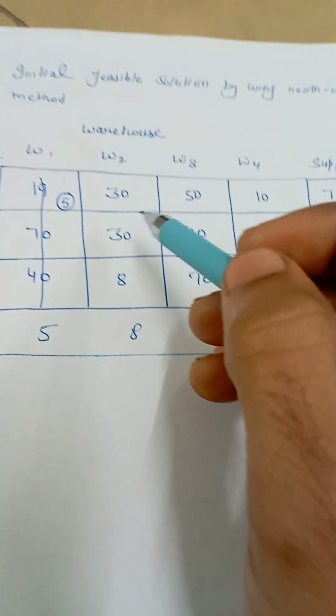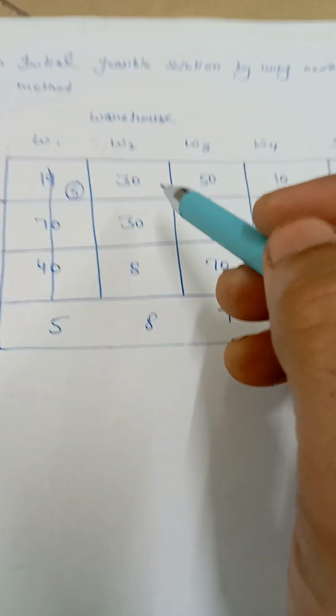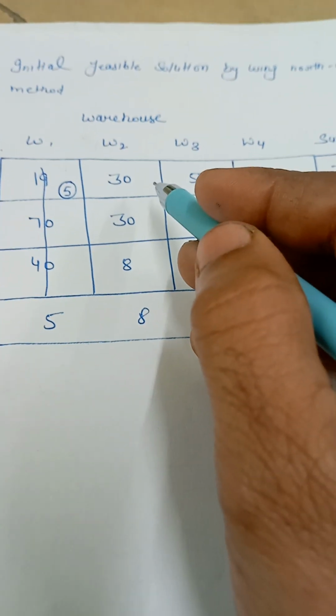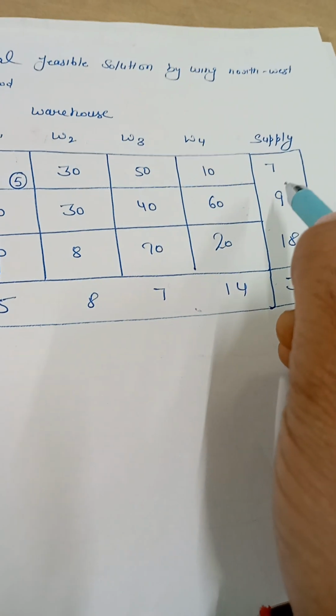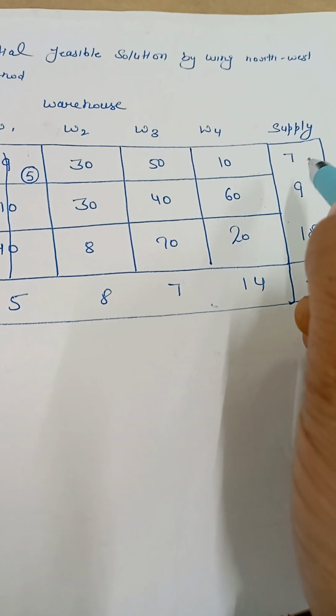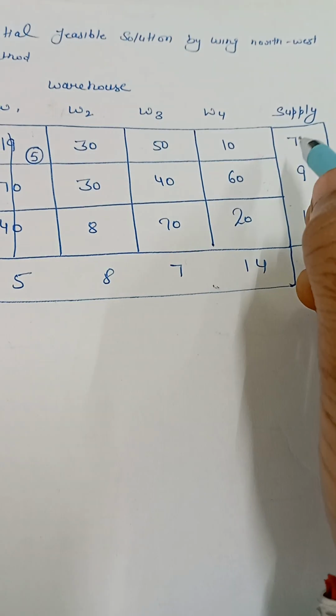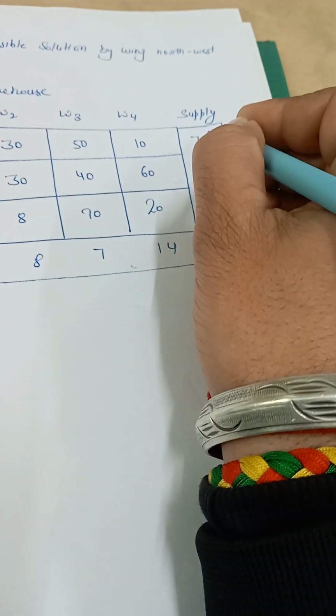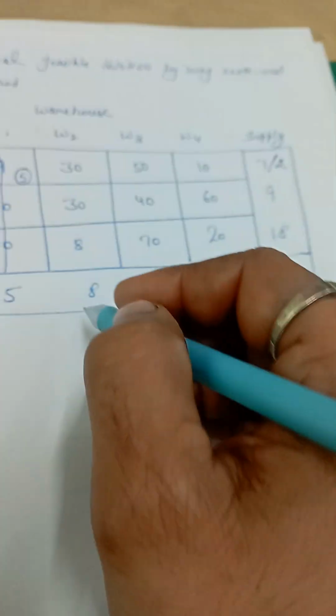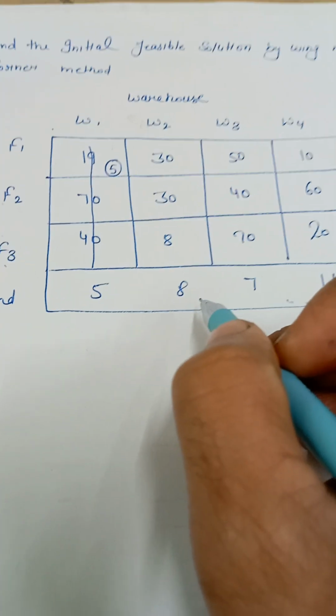Now we move to the next north-west corner, that is 1 2. Here supply is 7 and we have already given 5 from the supply in 1 1. The remaining supply is 2, and here the demand is 8.